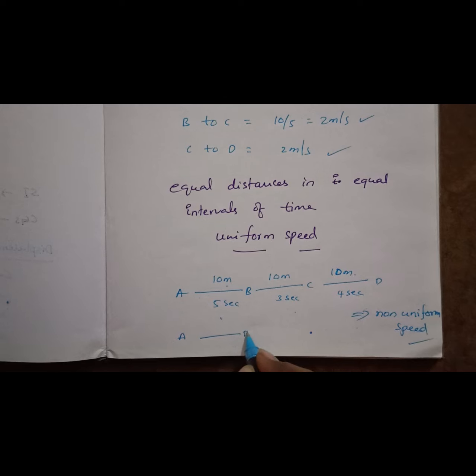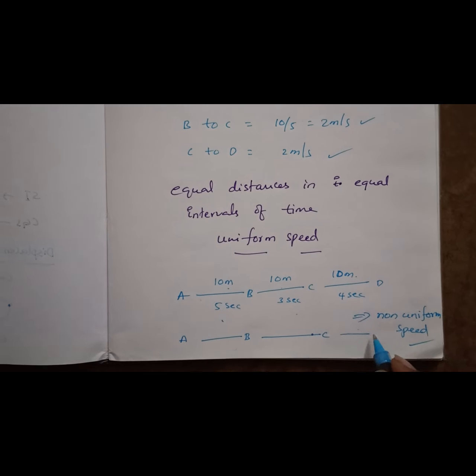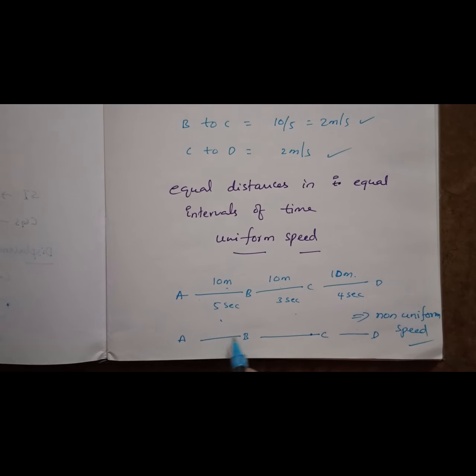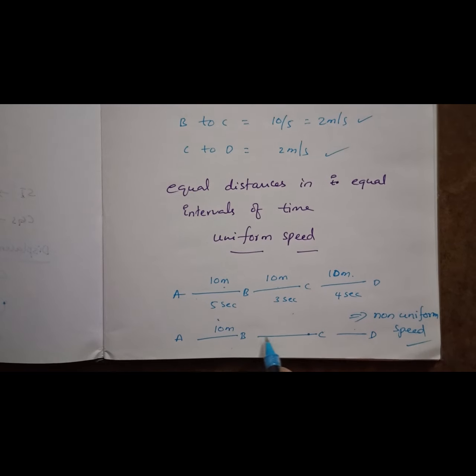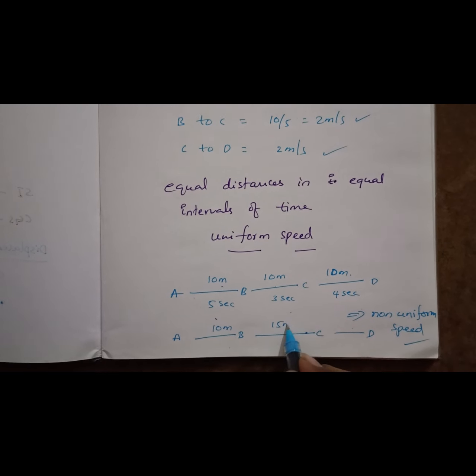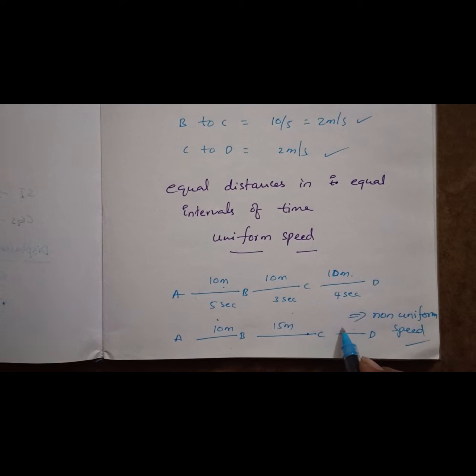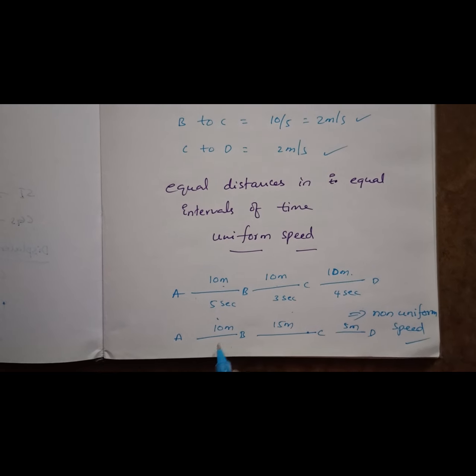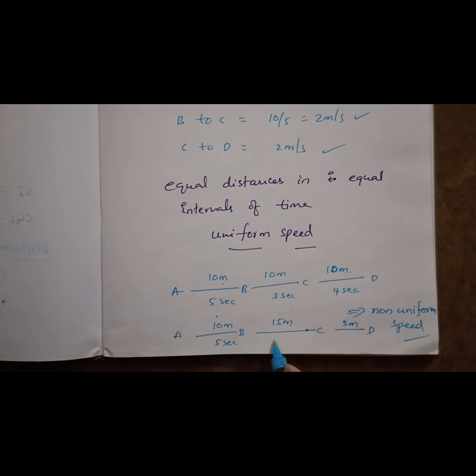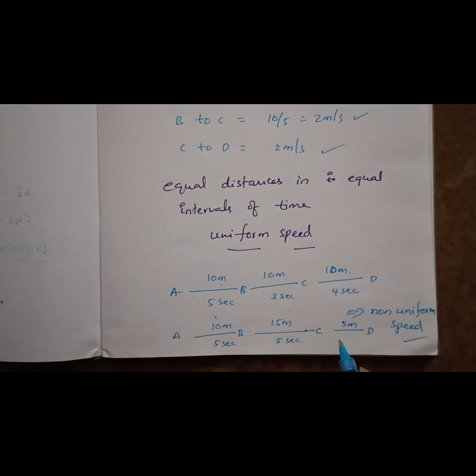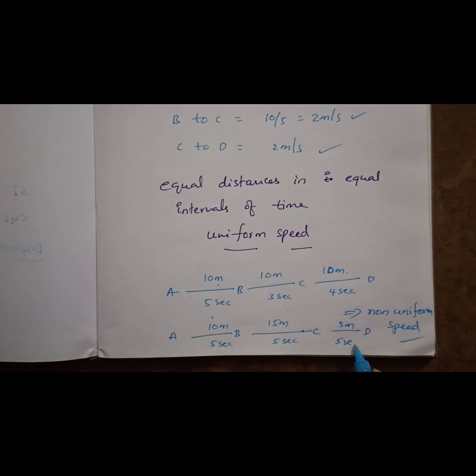Same A to B, B to C, C to D. Now A to B 10 meters, B to C 15 meters, C to D 5 meters. Time taken A to B is 5 seconds, B to C also 5 seconds, C to D 5 seconds.